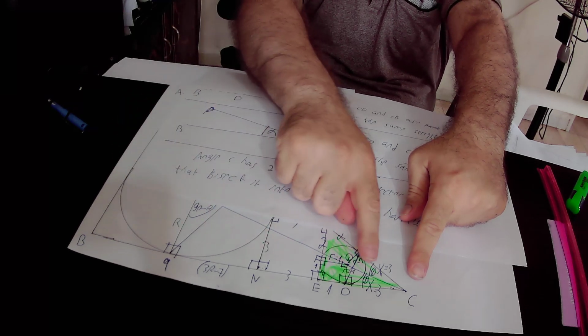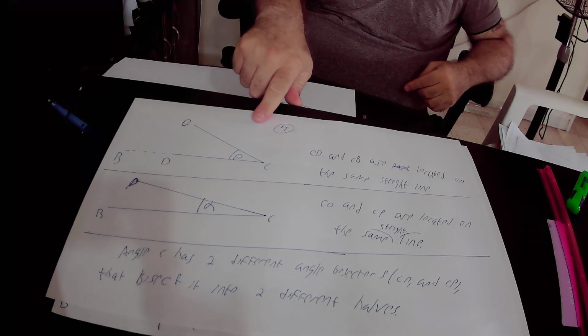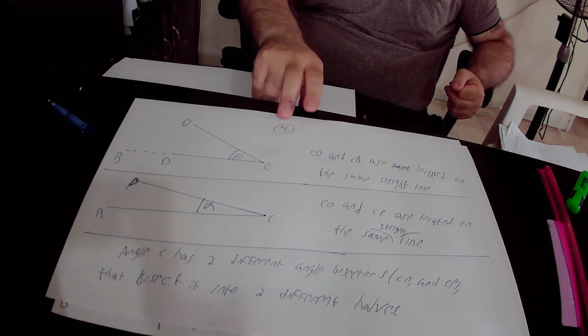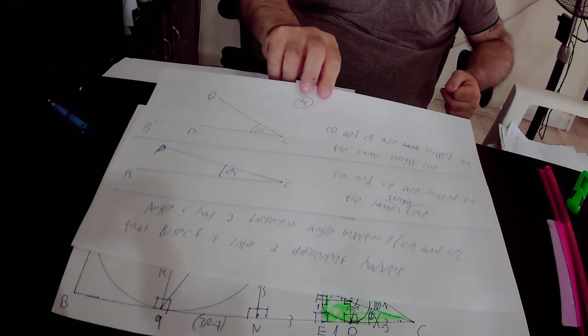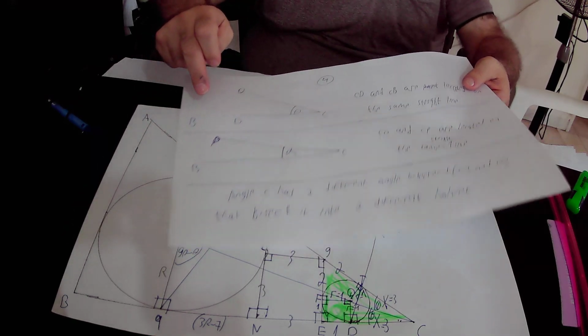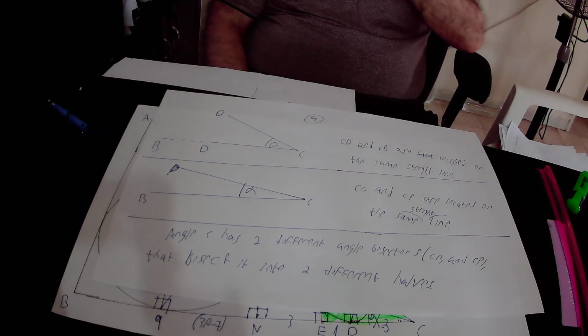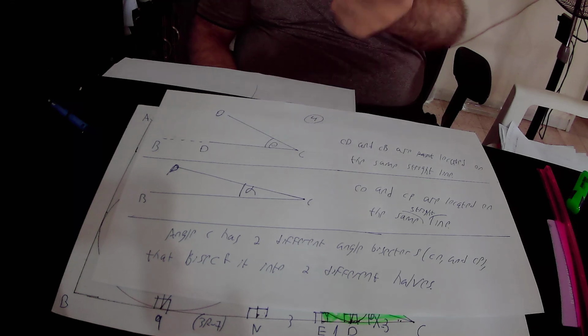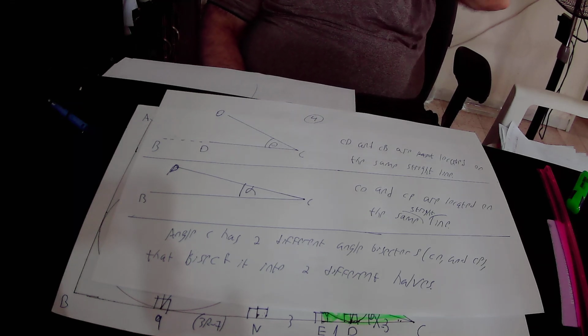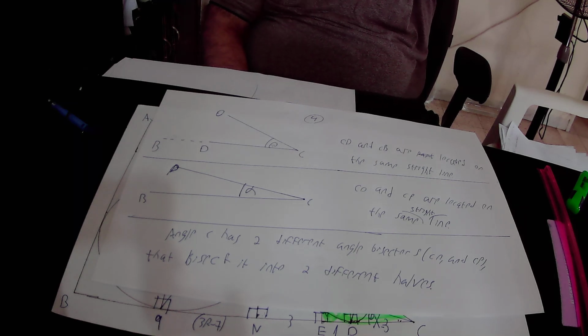And if CD is part of CB, it means that CD and CB are located on the same straight line. Then I draw the second angle, angle PCB. This is angle PCB.